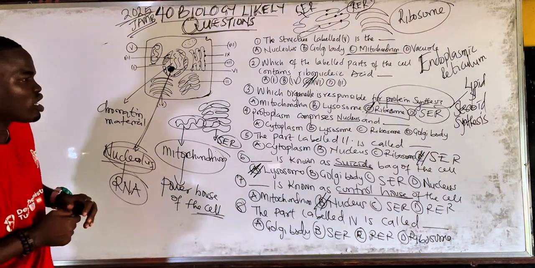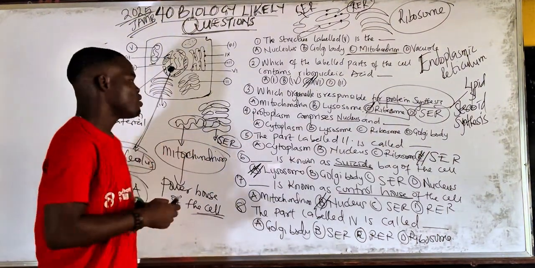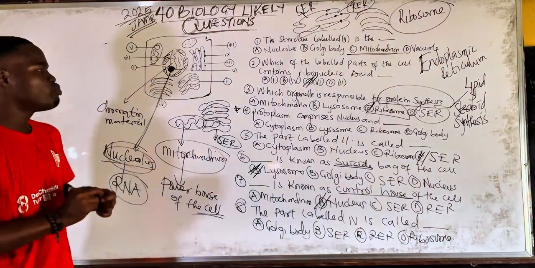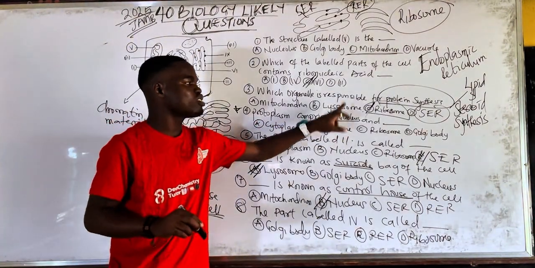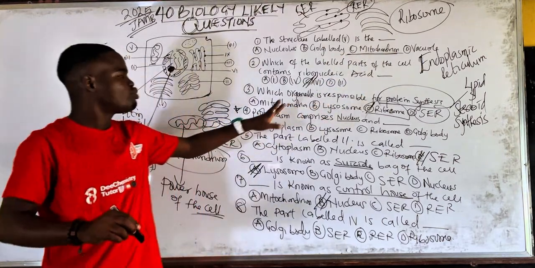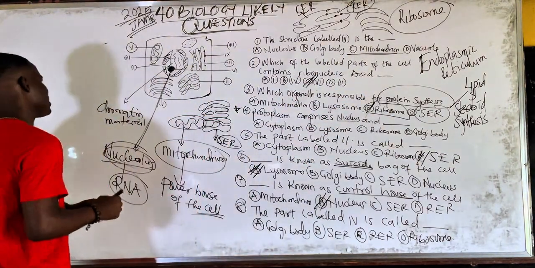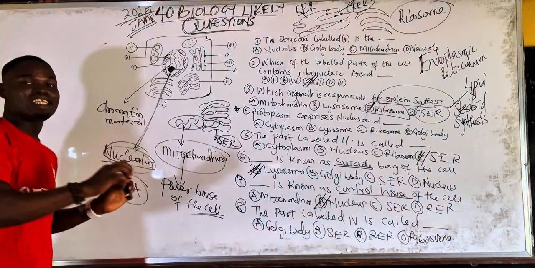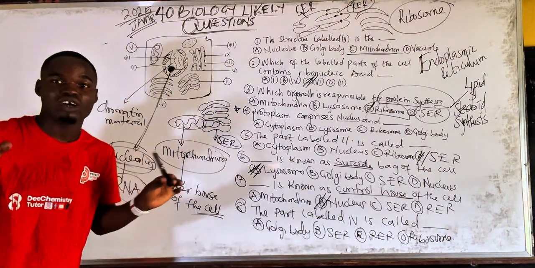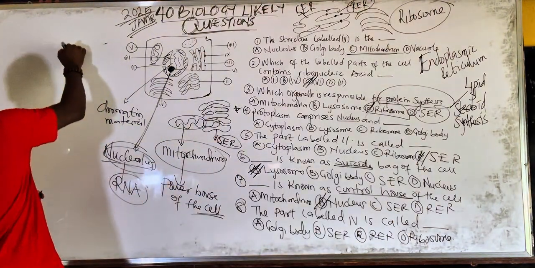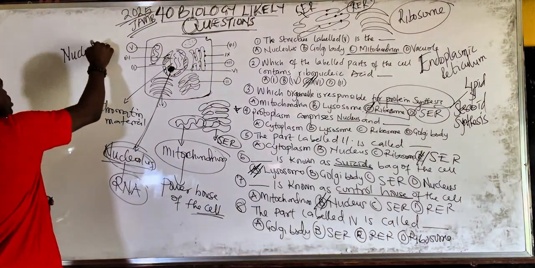I think I missed a question. Okay, question 4. Sorry, I missed question 4. Protoplasm comprises nucleus and dash. Now, you must understand that the protoplasm is the living part of the cell. So it contains both the nucleus and what?